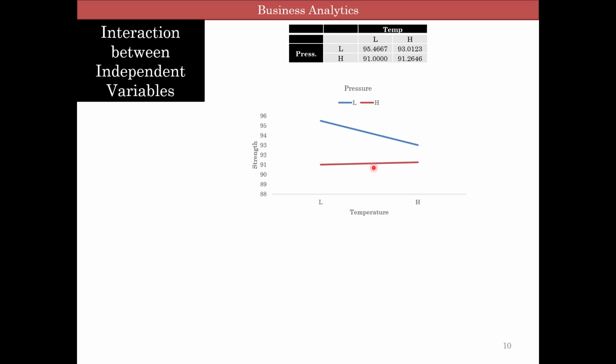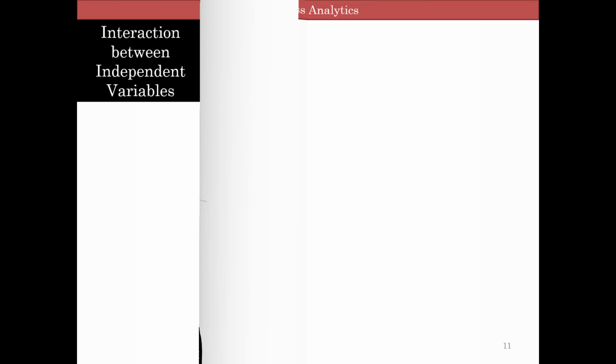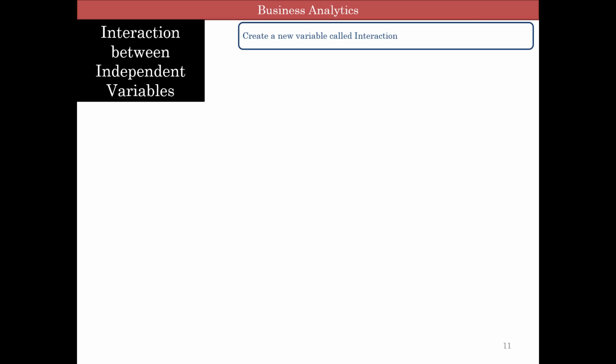There is no change from low to high. The strength pretty much remains constant. In fact, it increases slightly. But under low pressure, when you go from low temperature to high temperature, the strength actually declines. So there is no parallel. There could be an interaction here. Let's see if this interaction is significant.